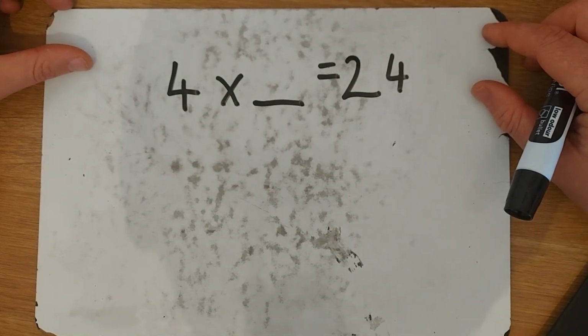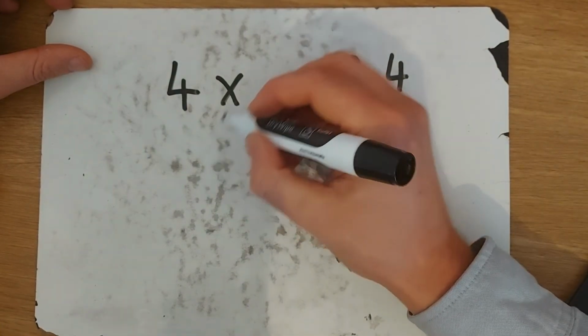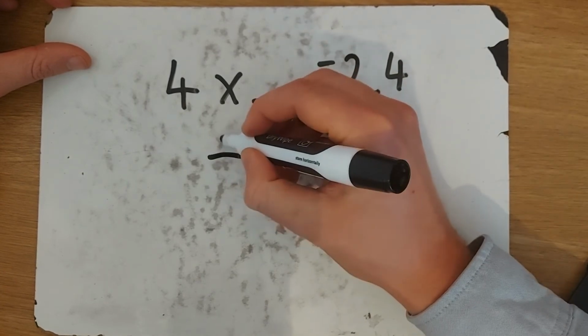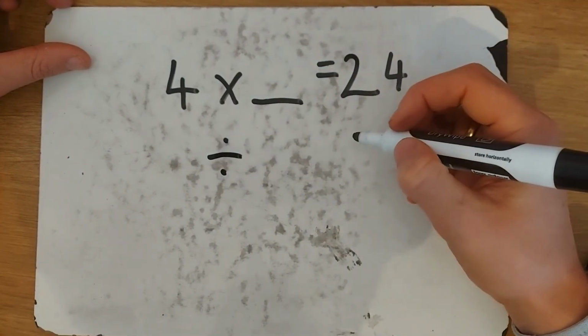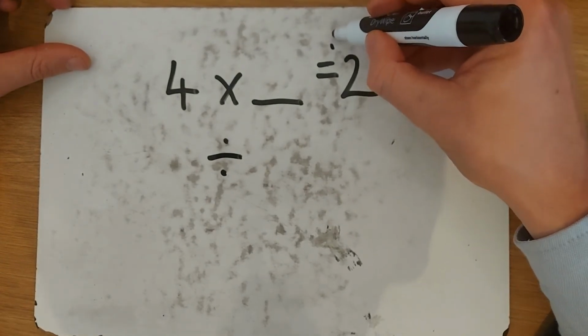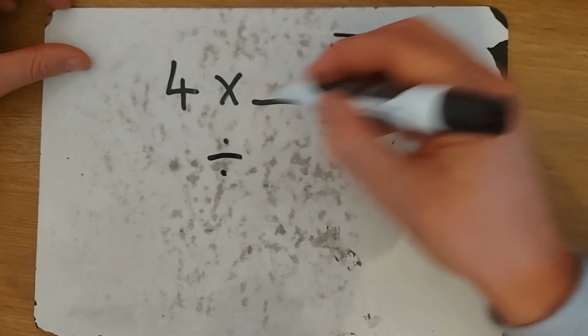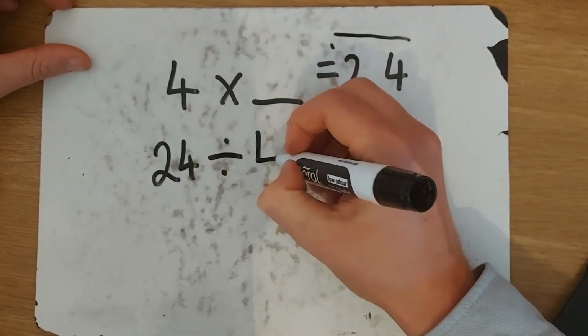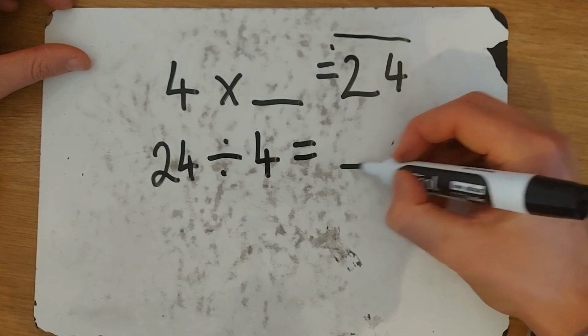So what am I doing here? Well, if it's multiply, what's my inverse operation? Well, it must be divide. And now, you need to use your knowledge of fact families here. This answer here will now go here, and then that will go like that. Now I've set this up again.